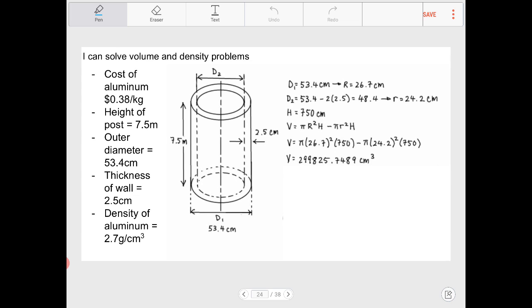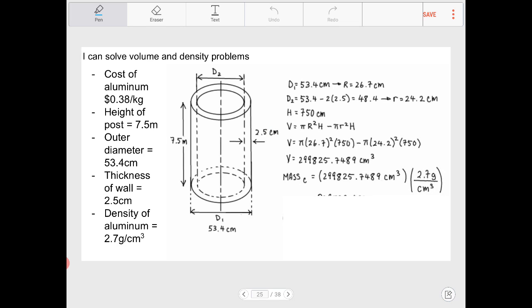the volume turns out to be close to 300,000 cubic centimeters, which sounds like a lot, but it's okay because we're measuring with a really small unit of measure, centimeters cubed. So that's the volume of this cylindrical post.